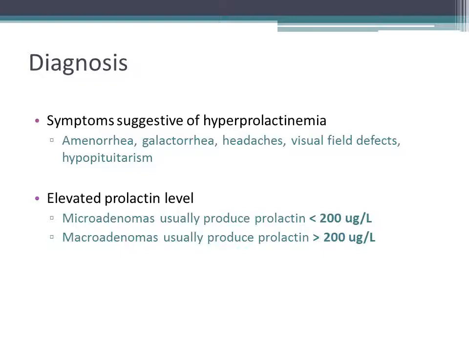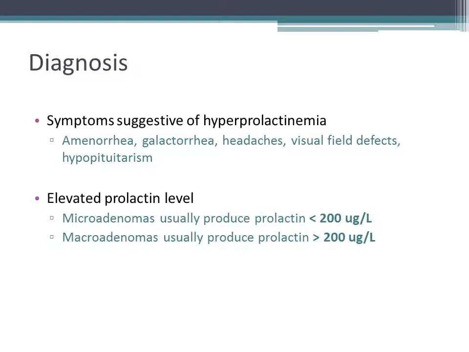And remember that the normal range differs between men and women, but consider that 20 is the upper limit of normal for both for the time being. So we're talking about 10 times the upper limit of normal would be suggestive of macroadenomas rather than micro.